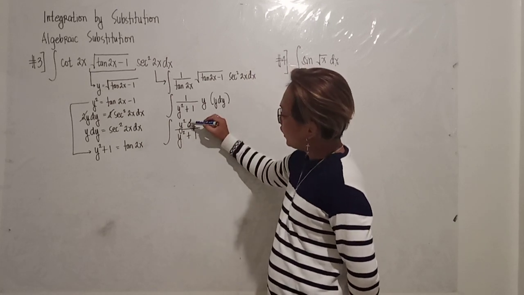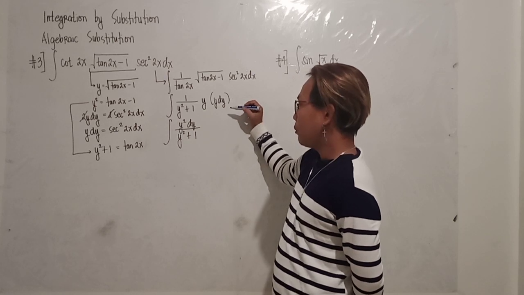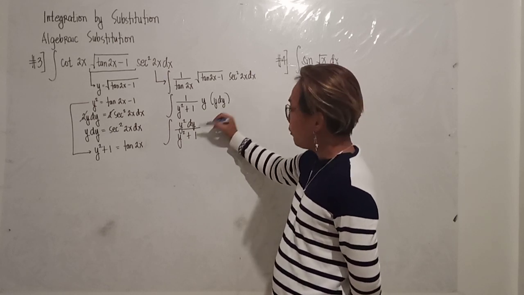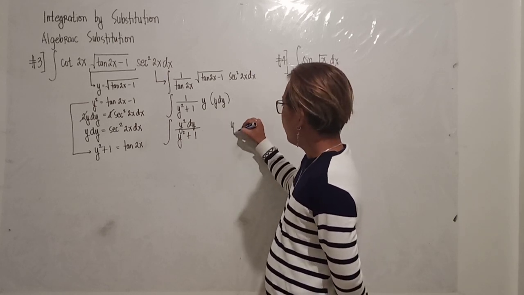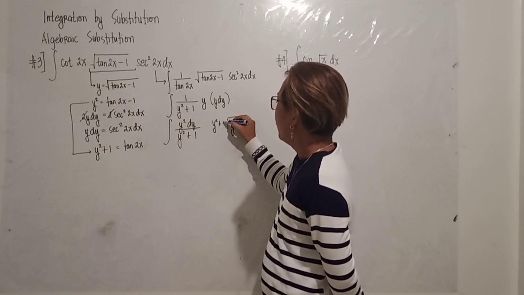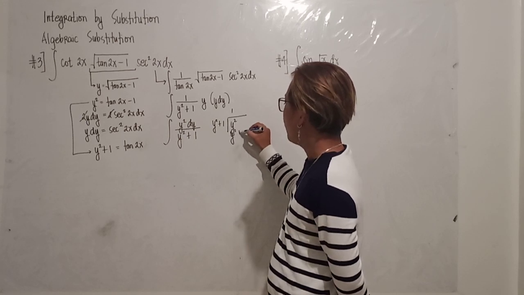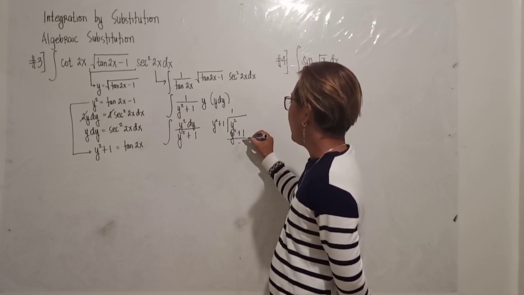If you will notice, this equation is an improper fraction. So you need to divide the numerator by the denominator. So this will be y squared divided by y squared plus 1. You will have 1, then this will be y squared plus 1, and this will be negative 1.